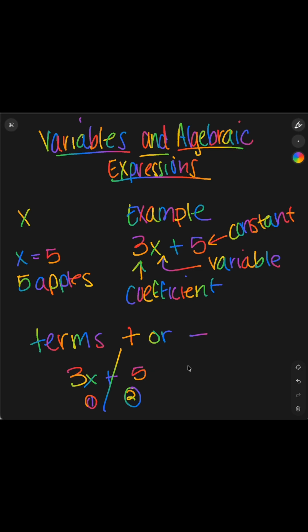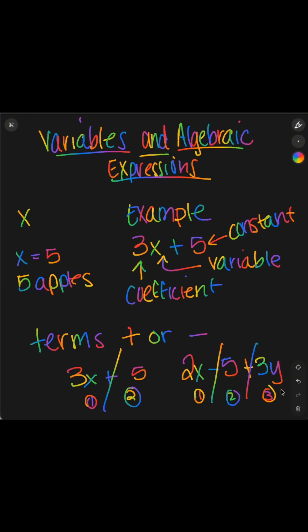Another example, if I do 2x minus 5 plus 3y, again, I'm going to draw a line where I see a subtraction or addition. And I can see that I have 1, 2, 3 terms.